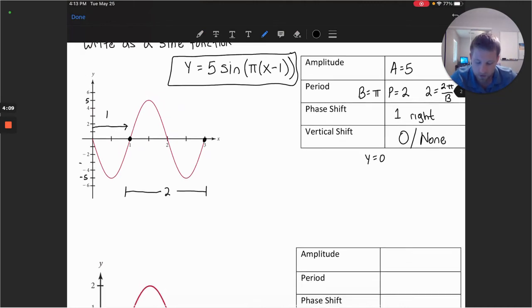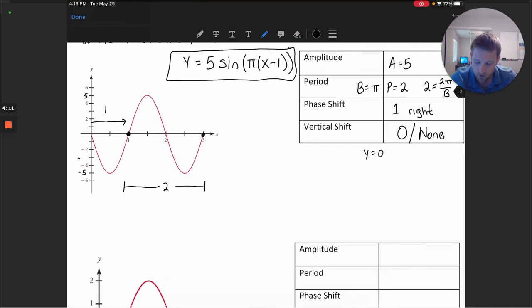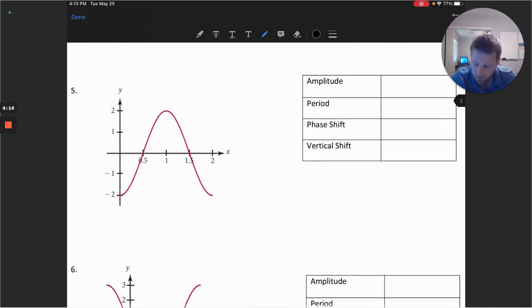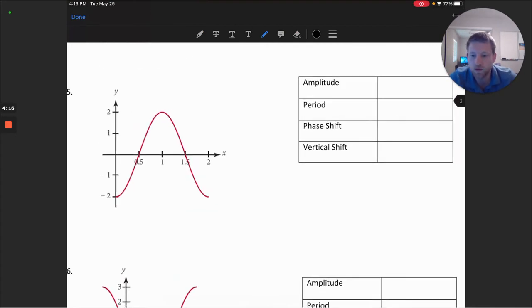Let's take a look at the next question, number 5. Number 5 here, we will write as just a cosine function. So if I wanted to write this as a cosine function, if I start here and end here, that looks like a cosine function, starting at its amplitude and ending at the amplitude.